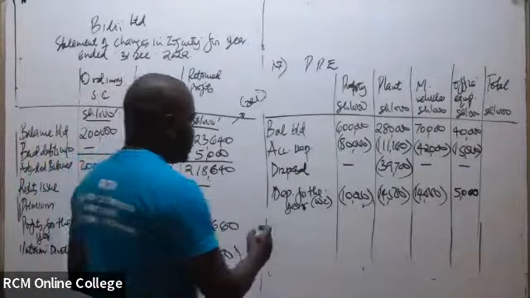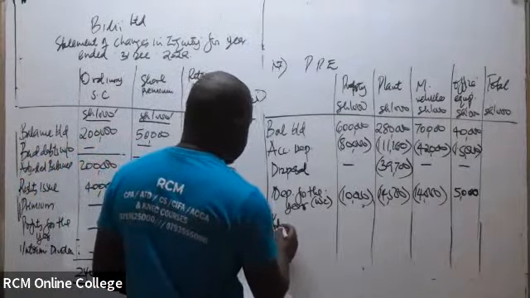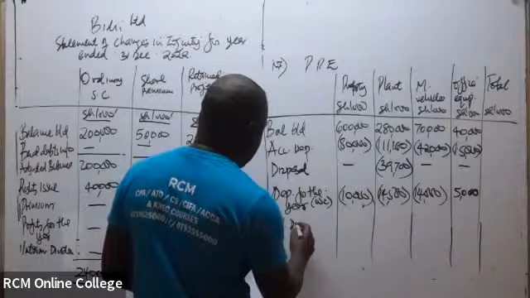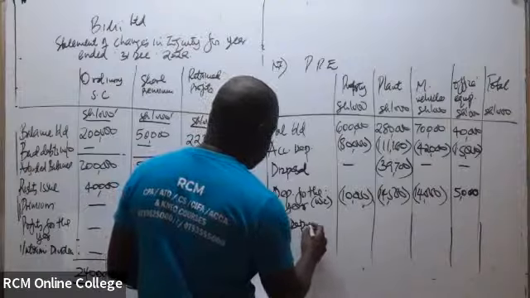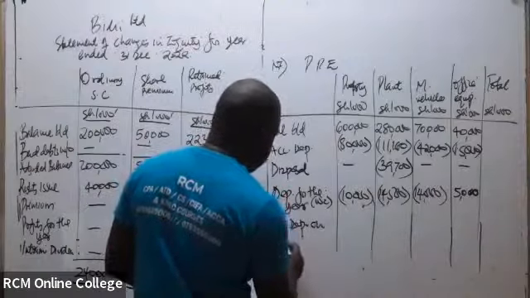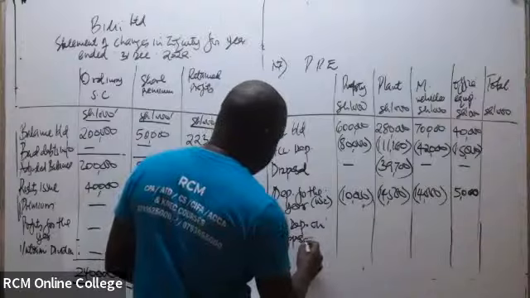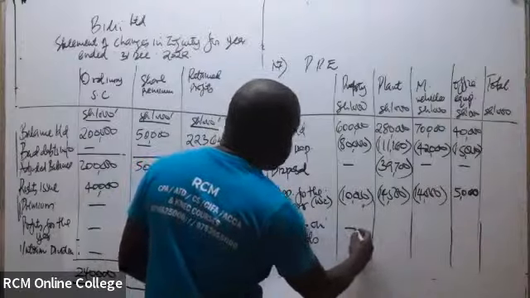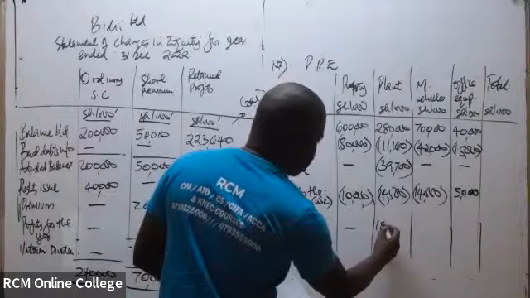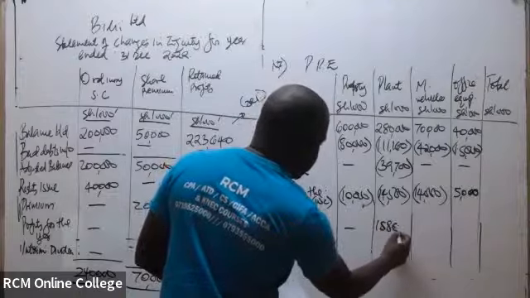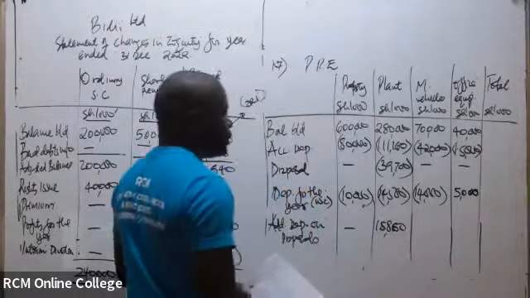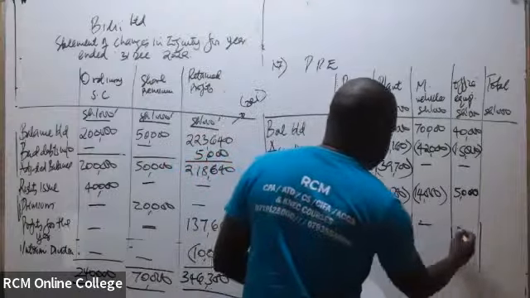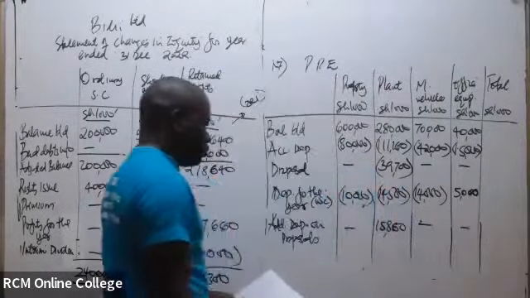So you can add back depreciation on disposals. This one is 15,860. I think those are the only items.